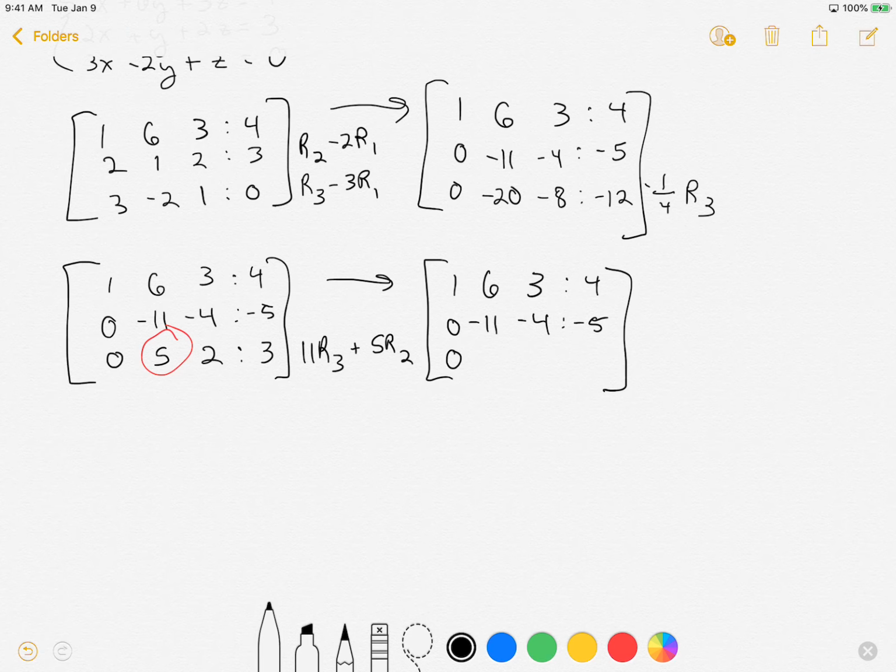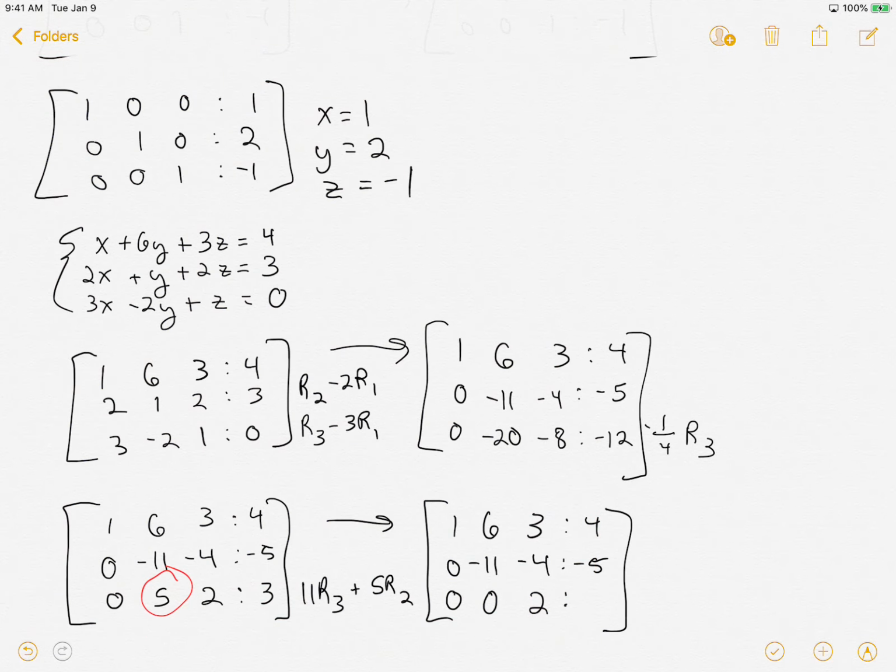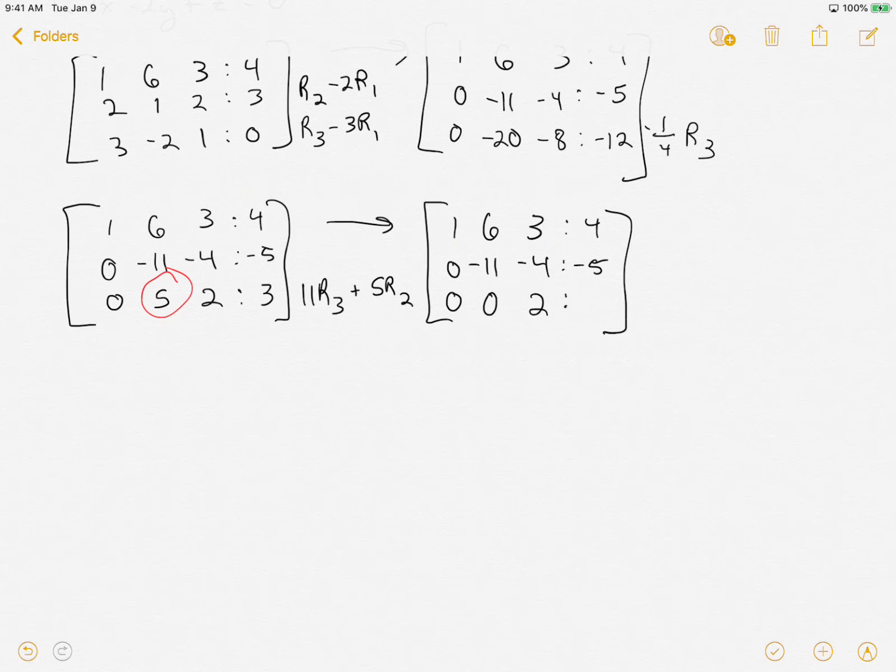So we get 0. And then 55 plus negative 55 is 0. 22 plus negative 20 is 2. 33 plus negative 25 is 8.